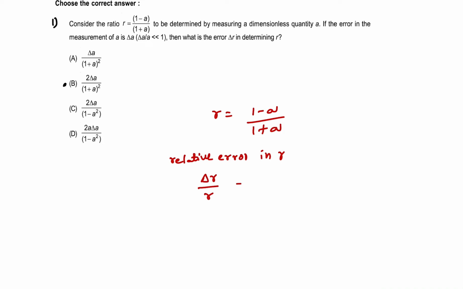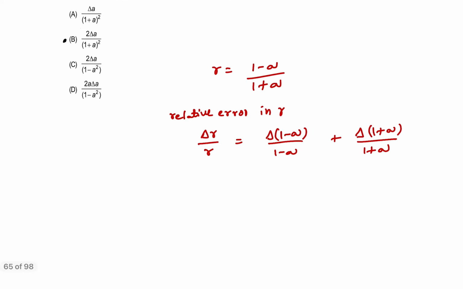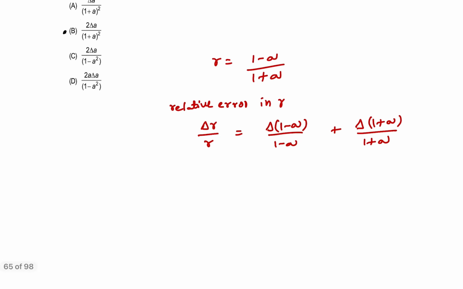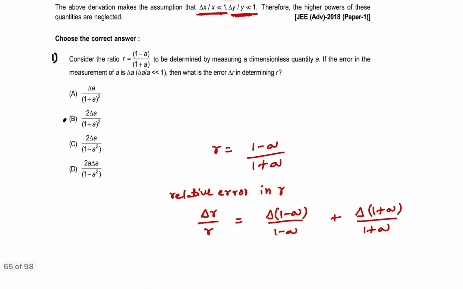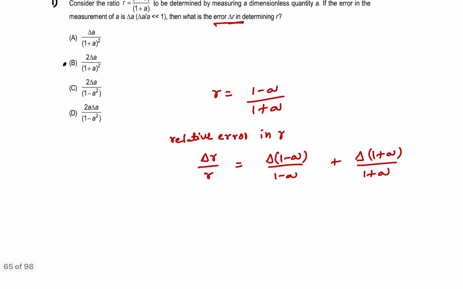Relative error in r can be written as delta r divided by r is equal to delta of 1 minus a, whole divided by 1 minus a, plus delta of 1 plus a, whole divided by 1 plus a. They are asking only the error delta r, not the relative error.